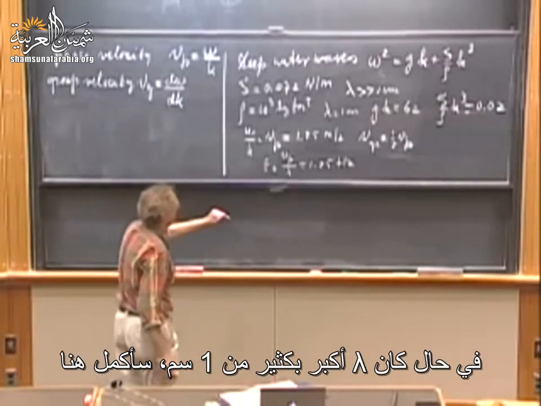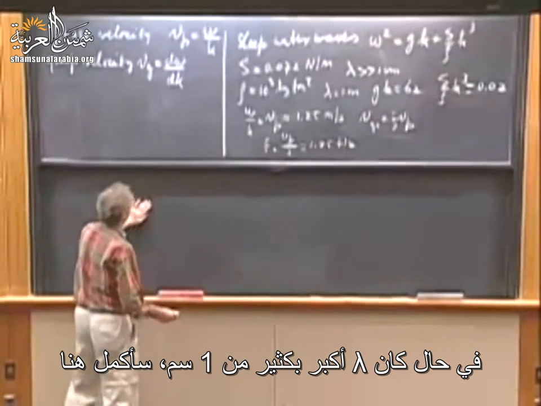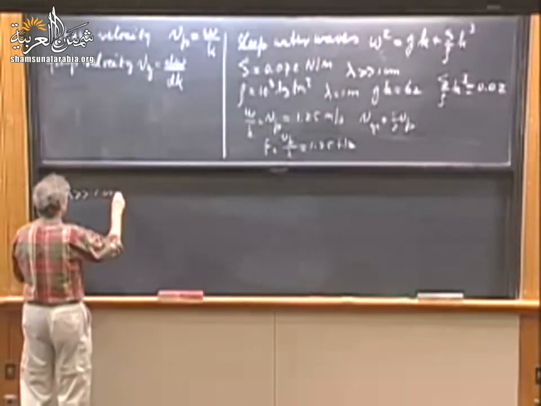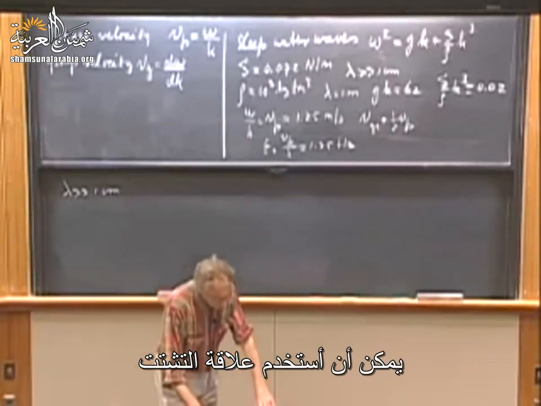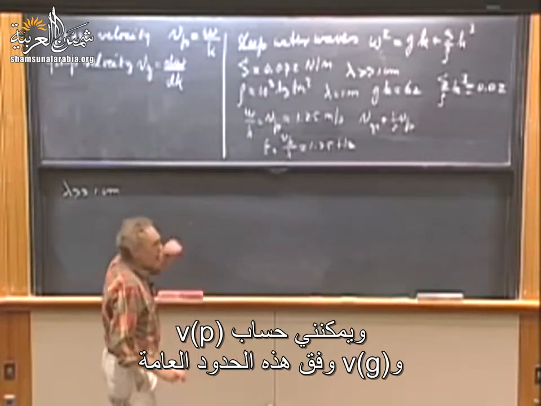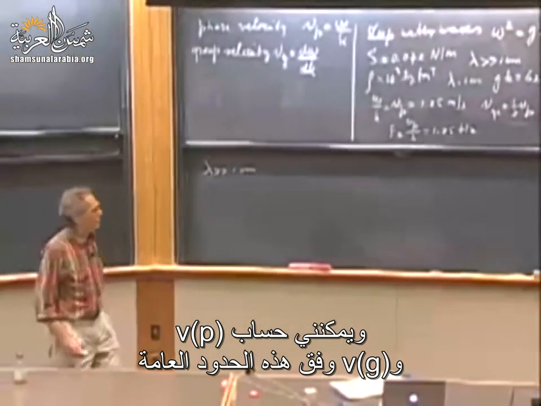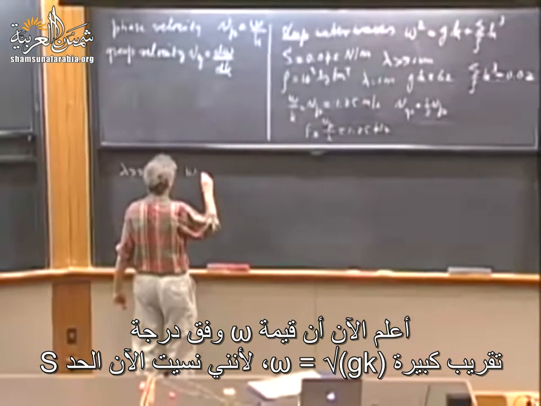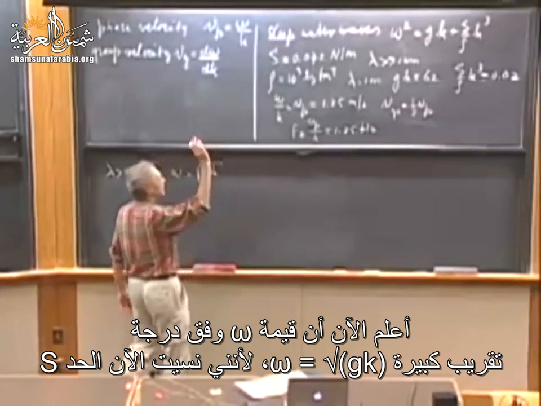If we have the case that lambda is much larger than 1 centimeter, I will continue here. So lambda is much, much larger than 1 centimeter. I can use the dispersion relation, and I can calculate now what the phase velocity and the group velocity is in general terms. So I know now that omega, to a high degree of approximation, is the square root of gk, because I forget the s term.